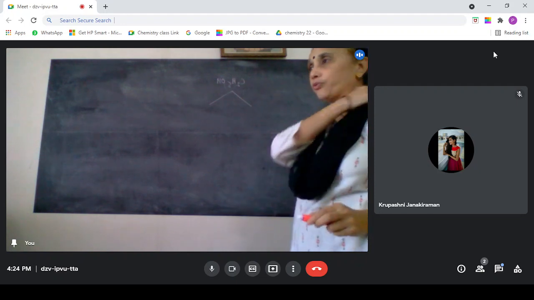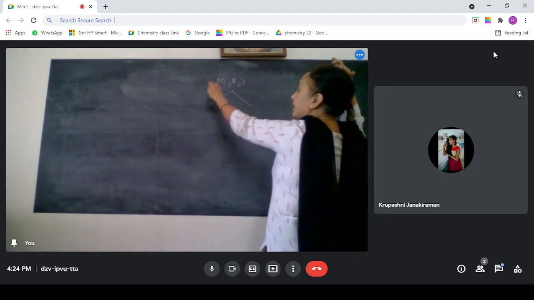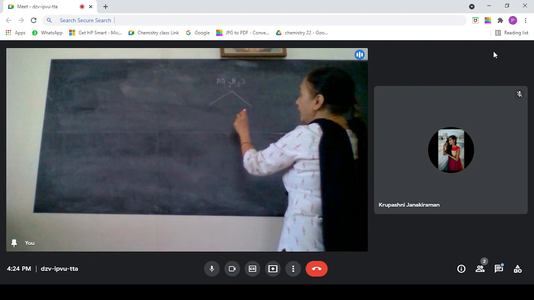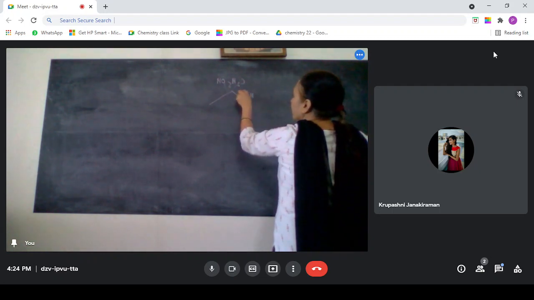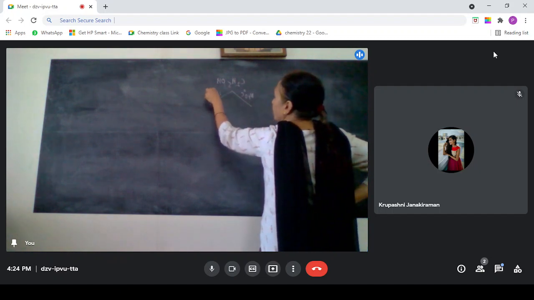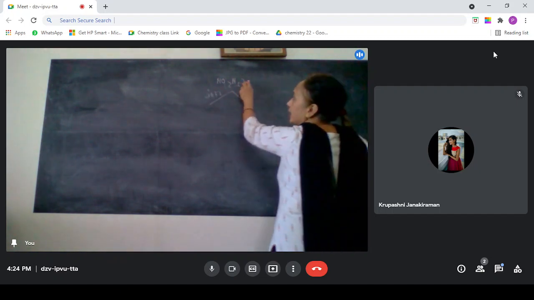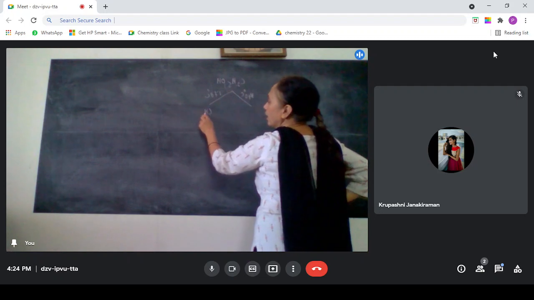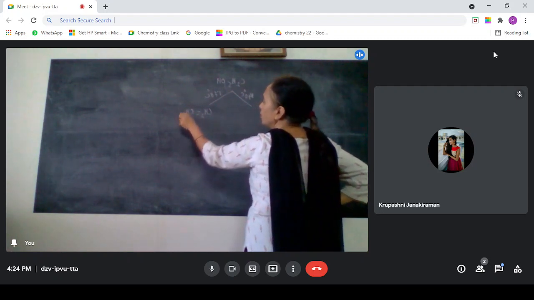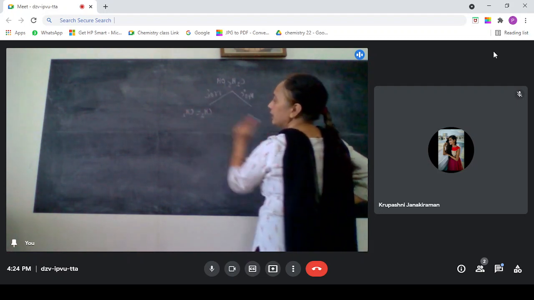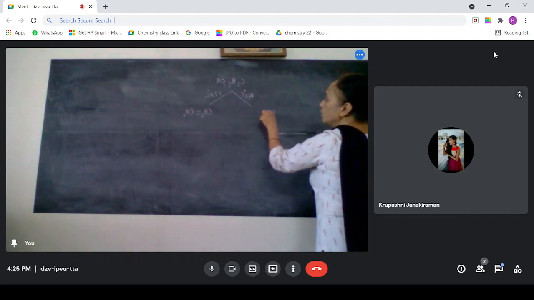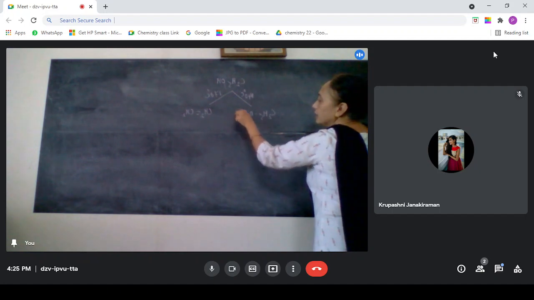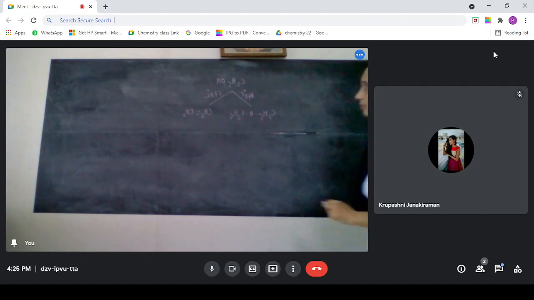I have told you this, at 140 and 170, very important temperatures. If you heat it to 170, it will remove a molecule of water to form ethene. At 140 with concentrated sulfuric acid, you are going to get ether.